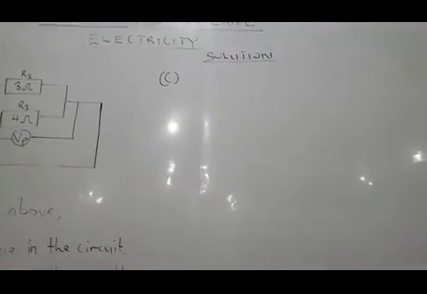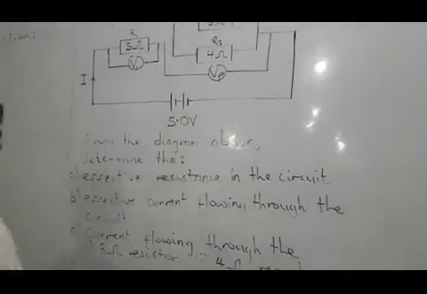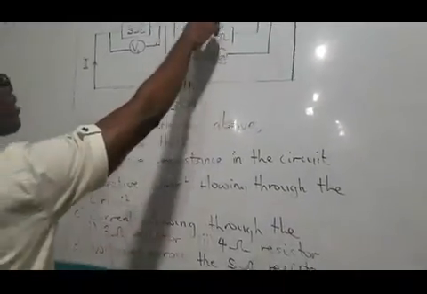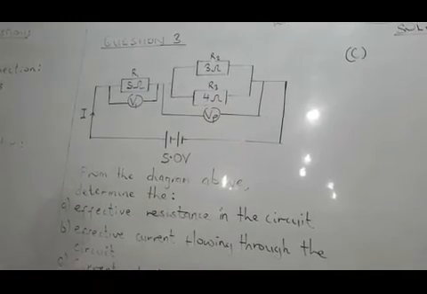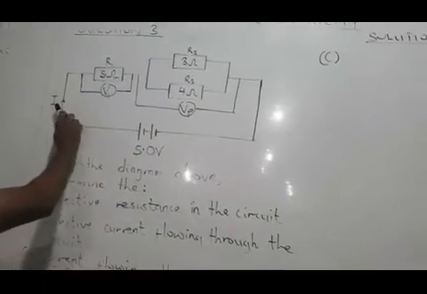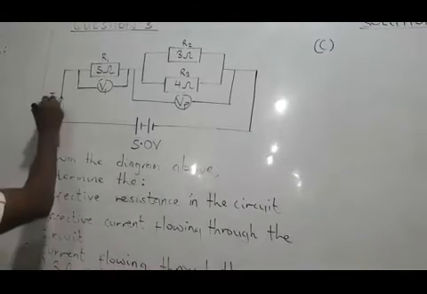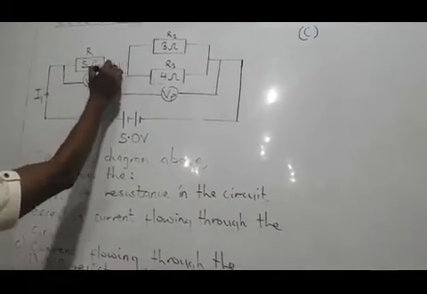Question C. The question says you find the current flowing through the 3 ohm resistor and the 4 ohm resistor. So you're looking at the current flowing through this and this. I've told you that for series connection, this total current is the same as the current flowing through the 5 ohm resistor.